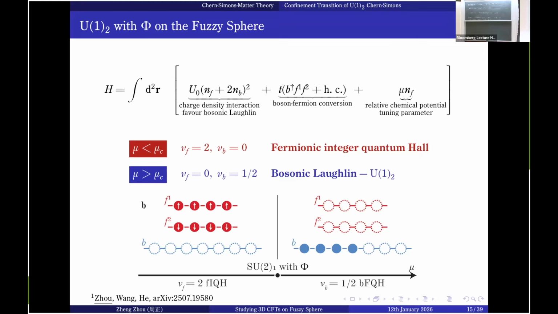We confirm that on both sides it has the same topological order. On one side is a trivial topological order. On the other side, it is a U(1) level 2 Chern-Simons theory. So it has the same.